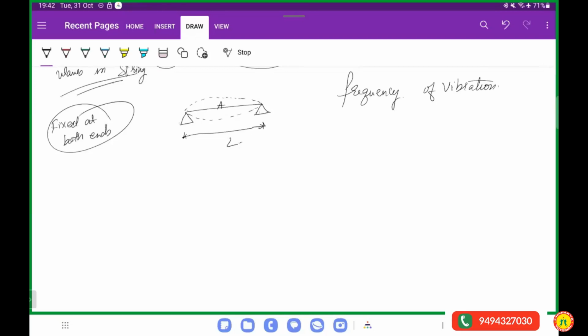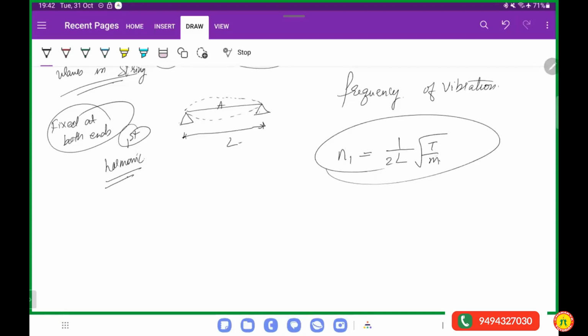So this is your first harmonic. For the first harmonic, let's say your frequency n1 is 1 by 2L under root T by M. Now how did we get this?